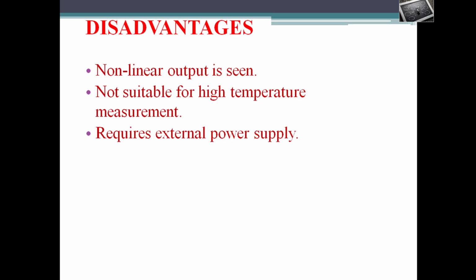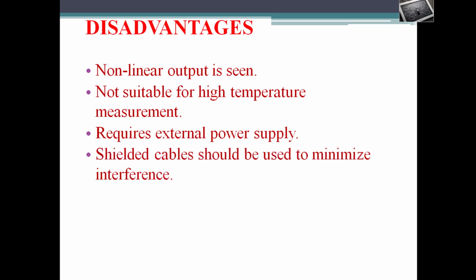Of course, you cannot treat a person without giving him food, so it also requires power supply externally. Shielded cable should be used to minimize interference, and it is self-heating. In the first part, when we were learning what is thermistor, I already told you why it is self-heating.